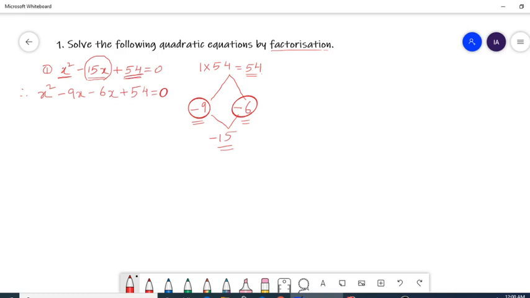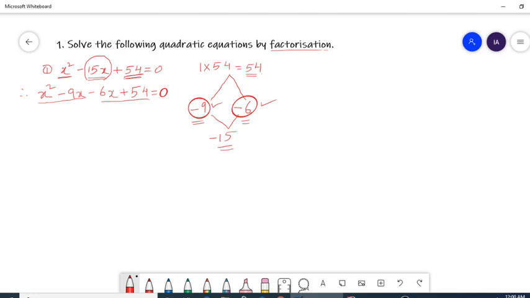Previously, our original equation had three terms. But after replacing the middle term with these two linear factors, we have four terms. These four terms can be grouped as the first two terms together and the last two terms together. In the first two terms, we can take out something common.